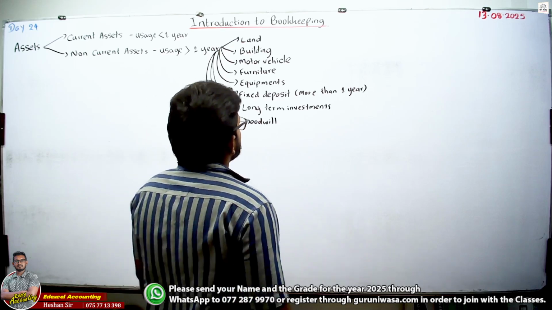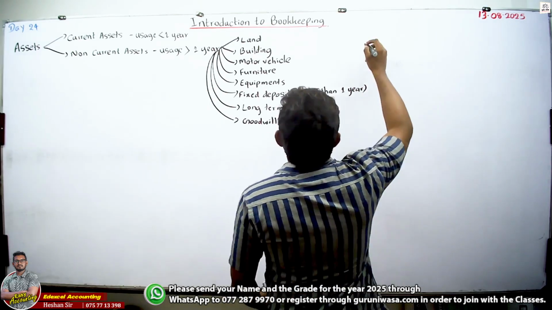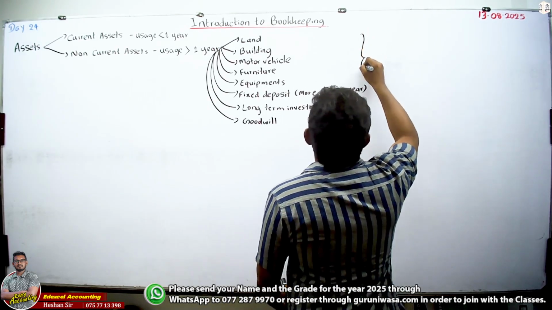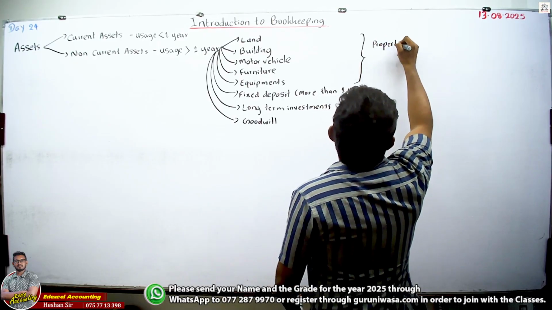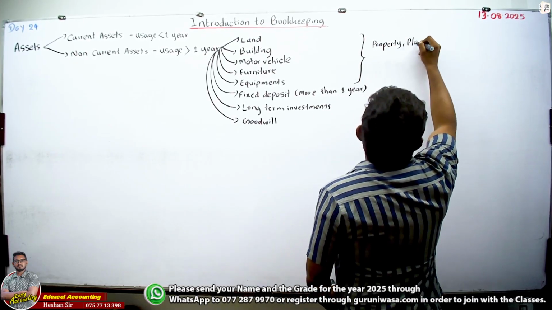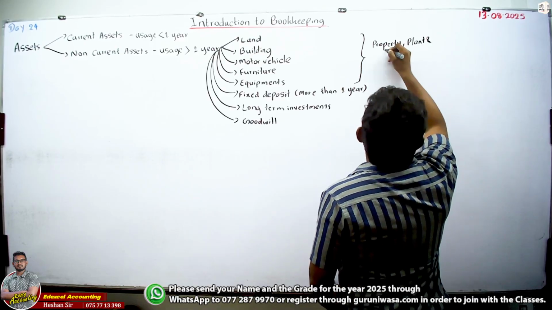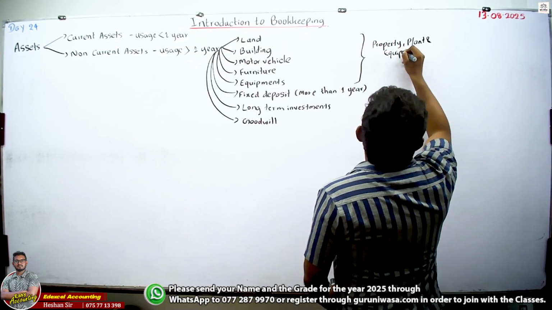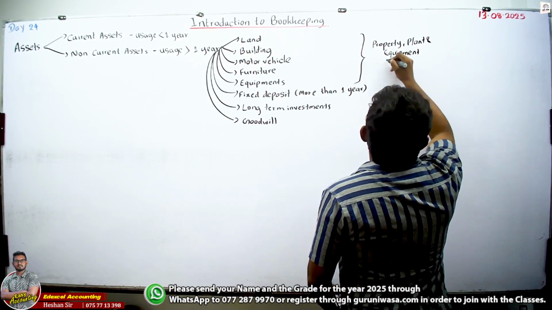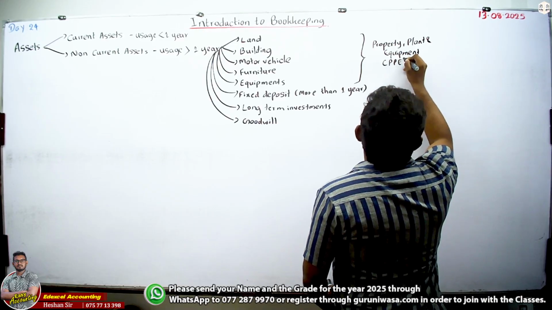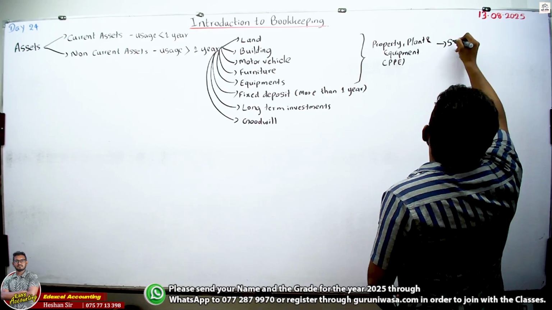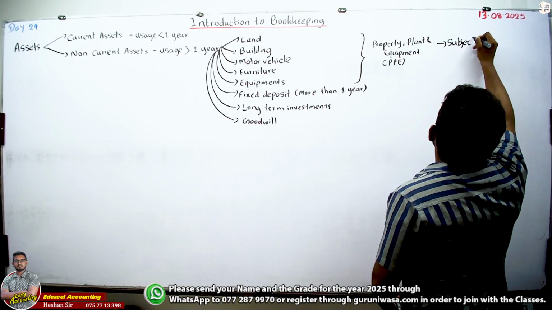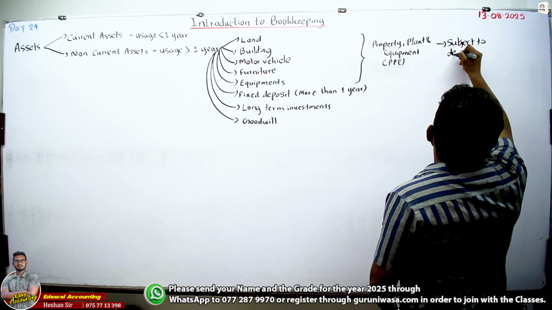These three categories we simply call property, plant, and equipment, PPE. These things are subject to depreciation.